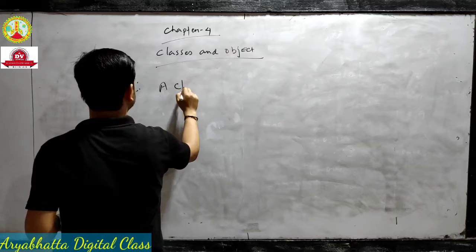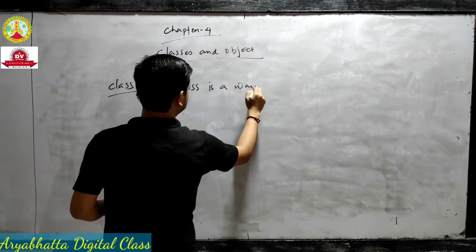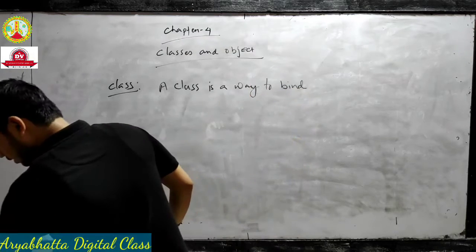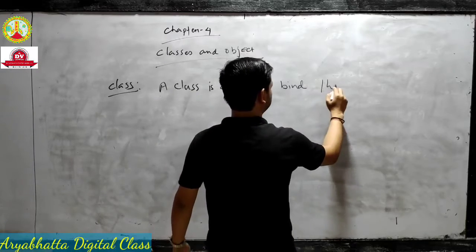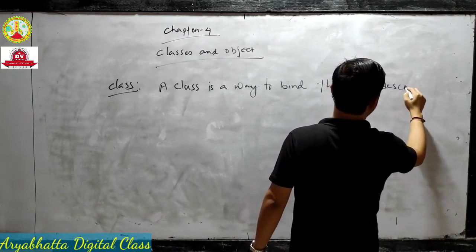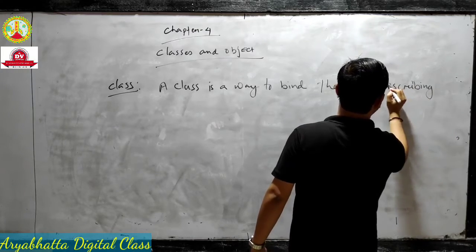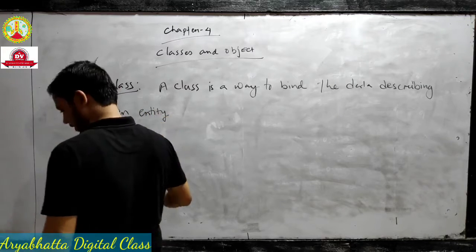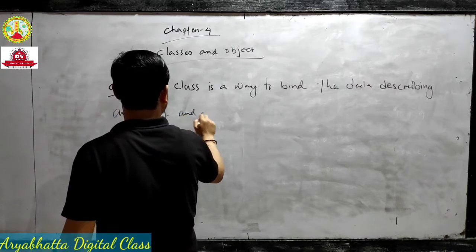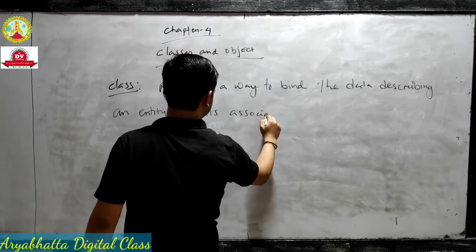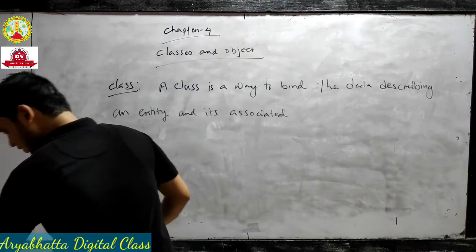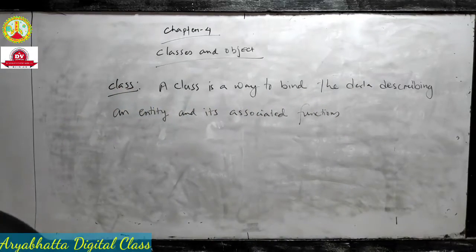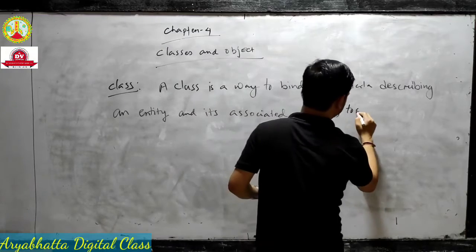A class is a way to bind the data describing an entity and its associated functions together.